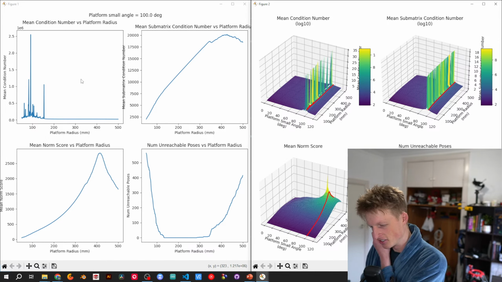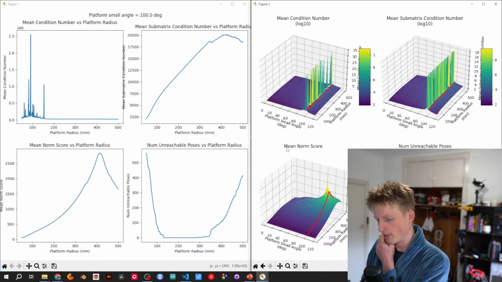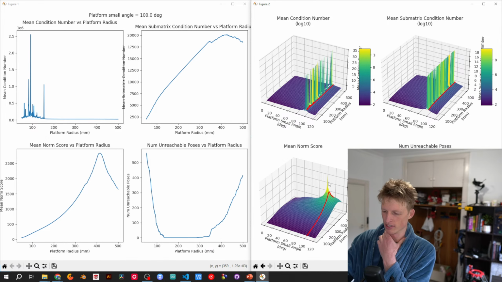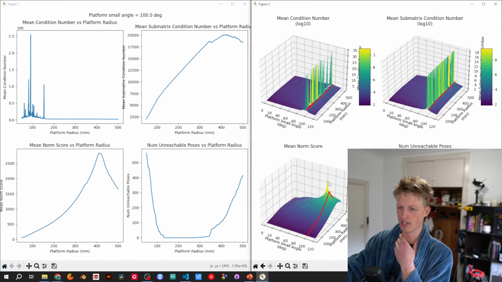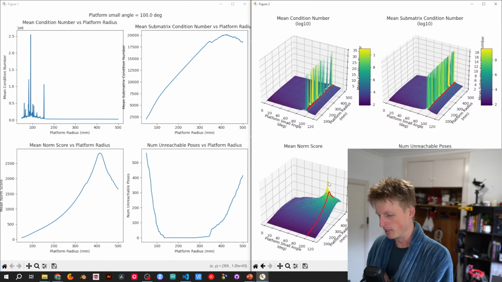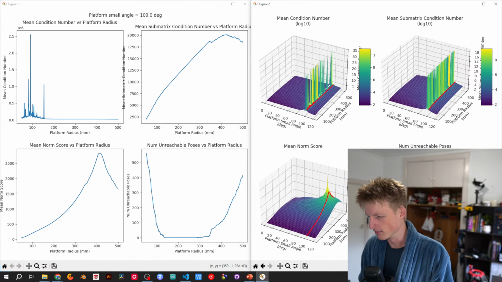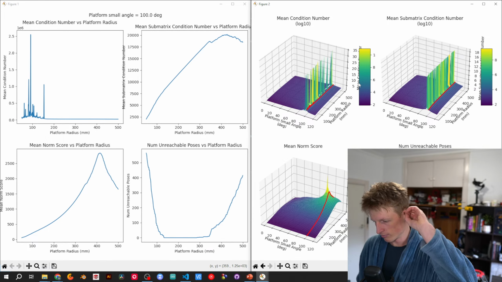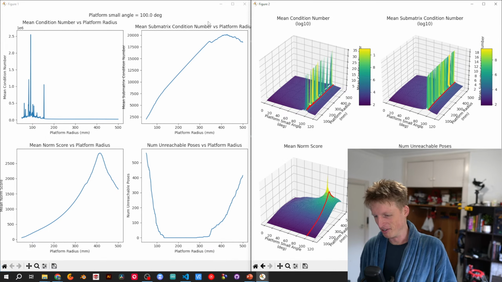And I think that this is just a numerical instability thing. I don't really know. If I was plotting the mean norm score, a lot of those wacky individual points having a super high condition number would go away, because the norm score seems a lot more stable. But I don't really know. It's very odd. Not sure what's going on.